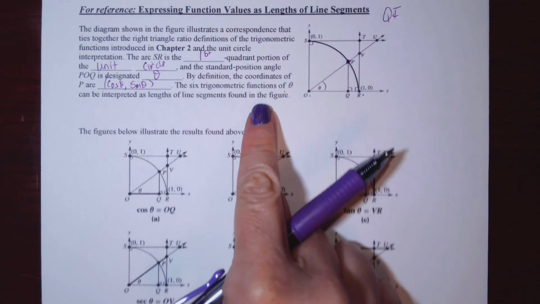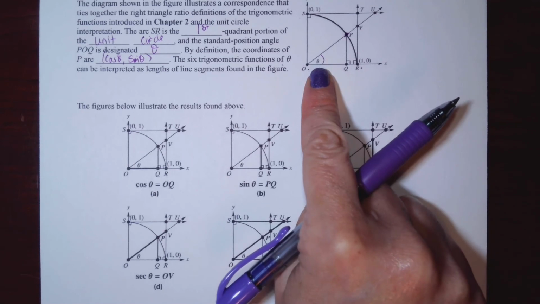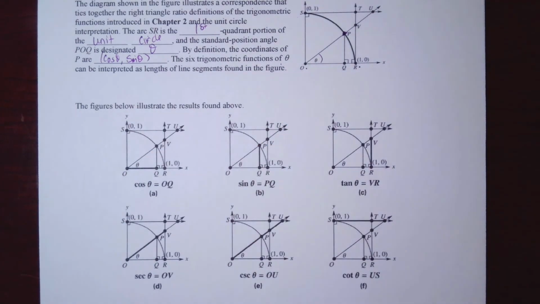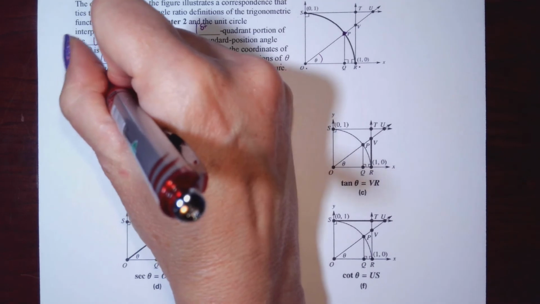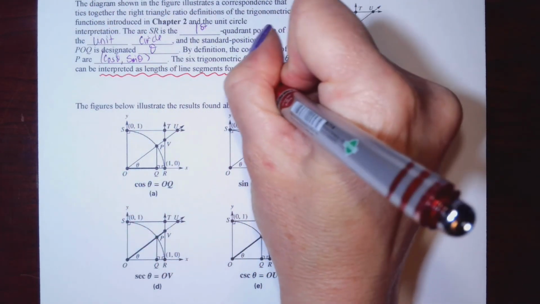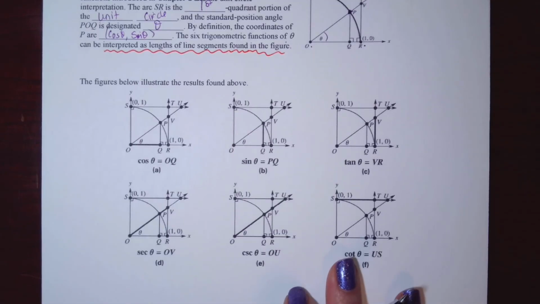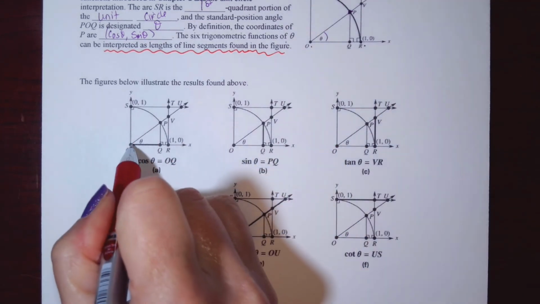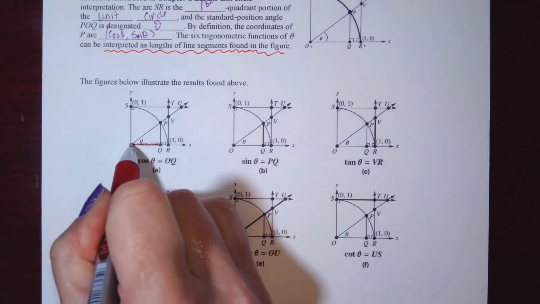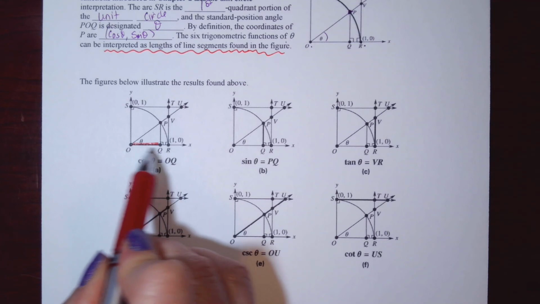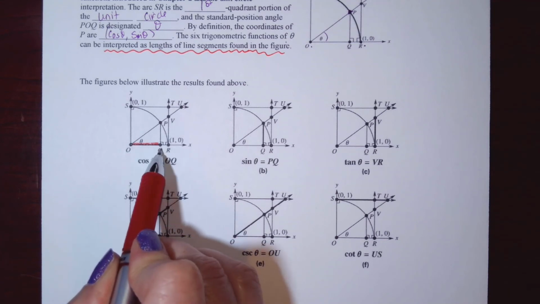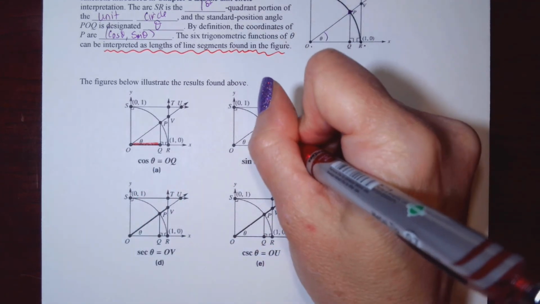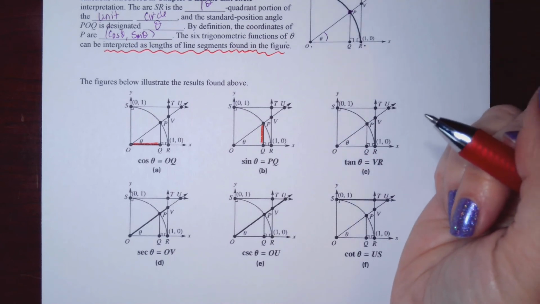And the 6 trig functions of theta can be interpreted as lengths of the segments found in the figure. So very physically, we see that cosine of theta is the length of the x segment. Sine theta is the length of the y segment.